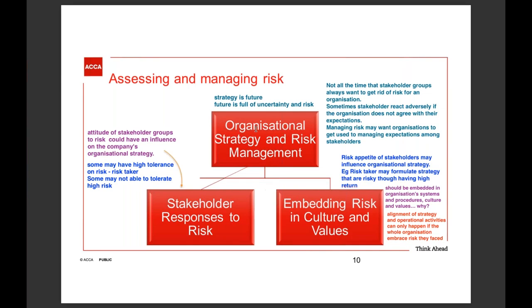So how does this take place? What does it mean by stakeholder responses to risk? Under organizational strategy and risk management, they are focusing on stakeholder responses to risk, and also on embedding risk in culture and values.